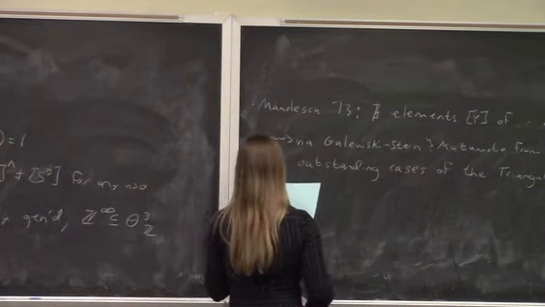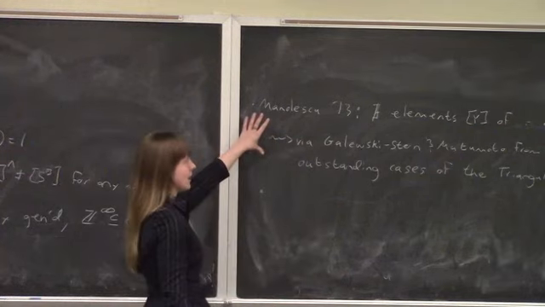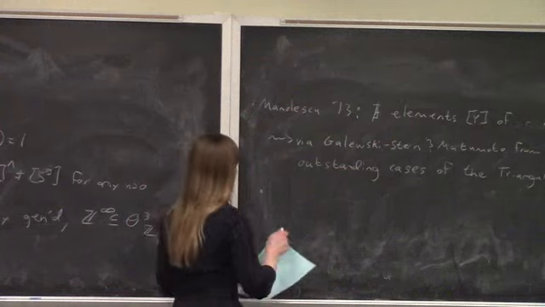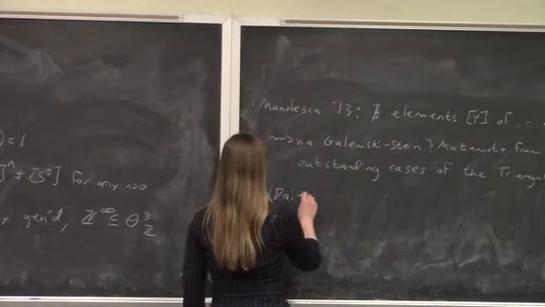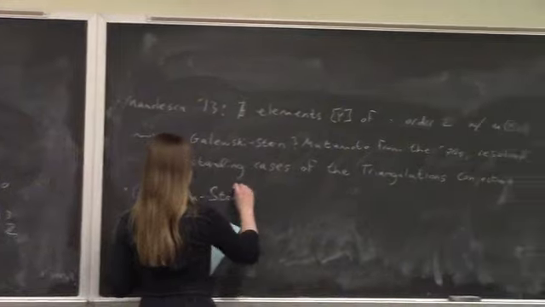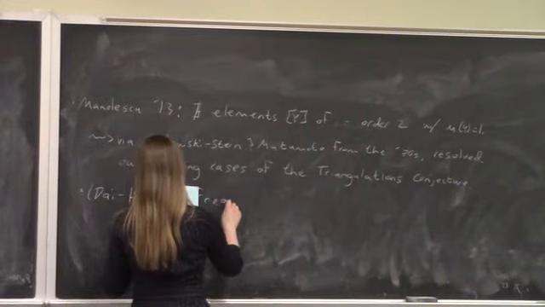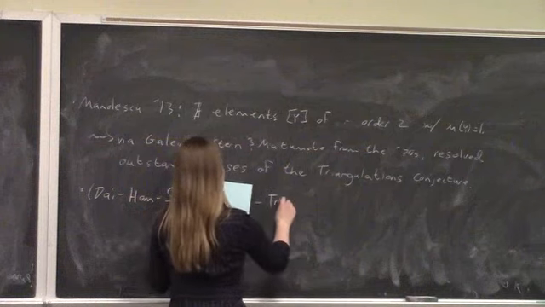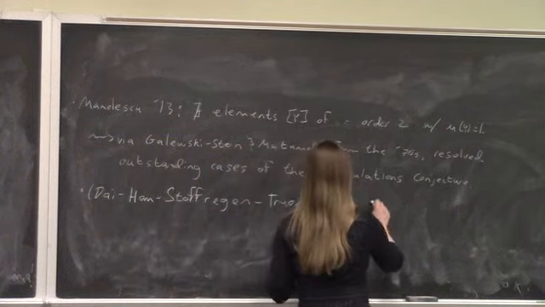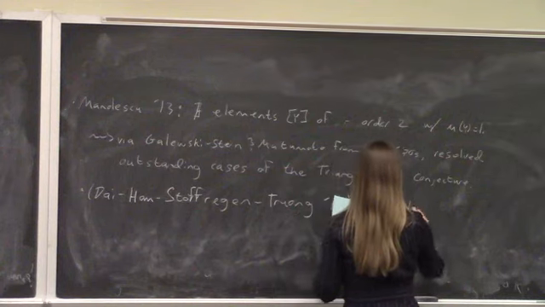Okay, and I'll mention that this is the inspiration for all of the new work that involves me that I'm going to explain in this talk. And then, quite recently, Dai, Hom, Stoffregen, and Truong just a couple months ago showed that Theta^3_Z has a Z^infinity summand.